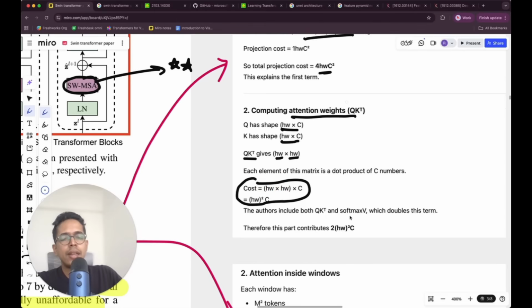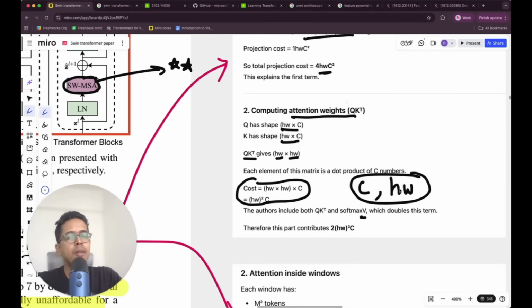Then if we also include multiplication with the value vector, this total number of calculations will double, because the final context vector is softmax of query times key transpose divided by square root of D, multiplied by the value vector. Value has each vector of C dimensions, and you have HW such vectors, since these are the total number of tokens.